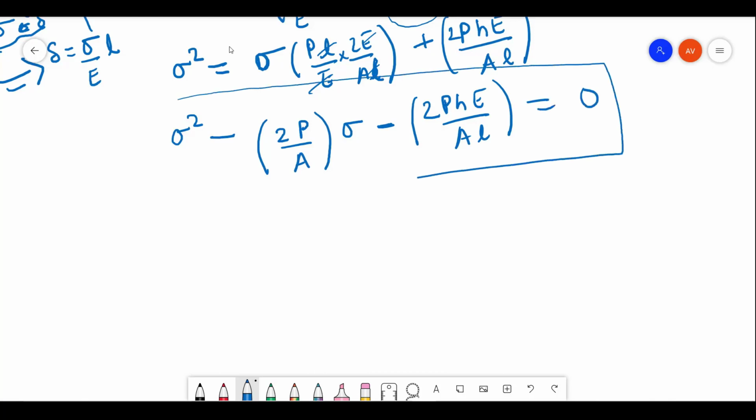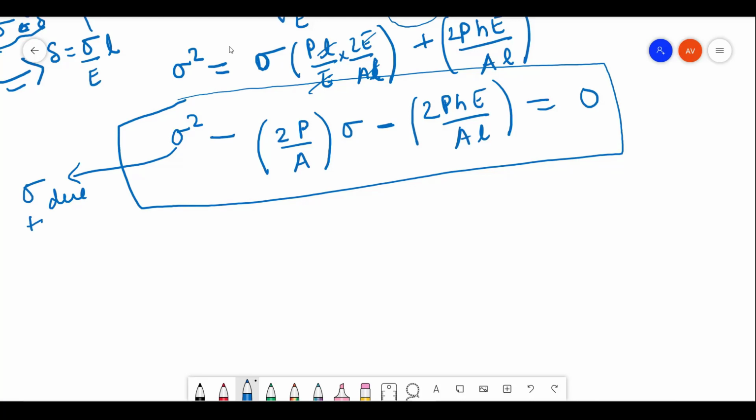So you have to find the stress due to impact. This is your unknown, and you get a form like a sigma square plus b times sigma plus c equal to 0.